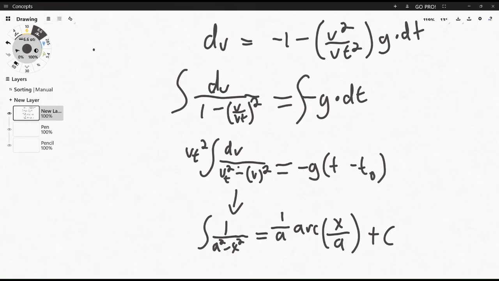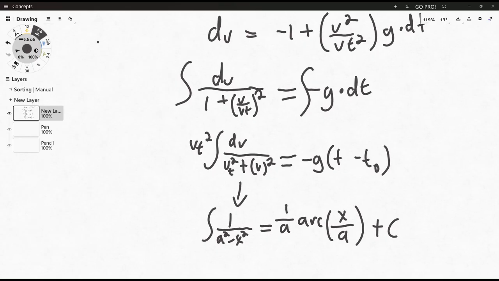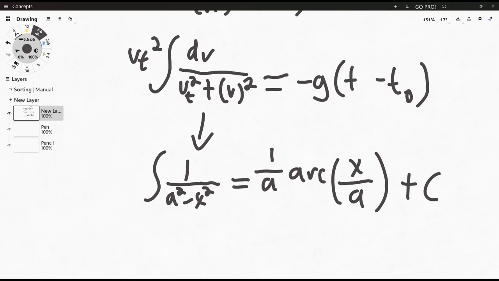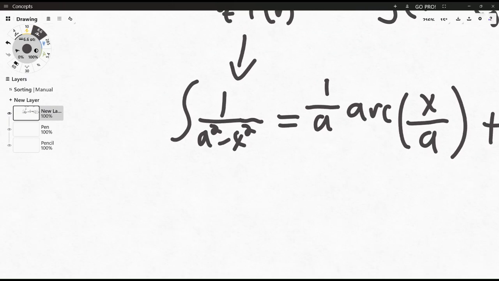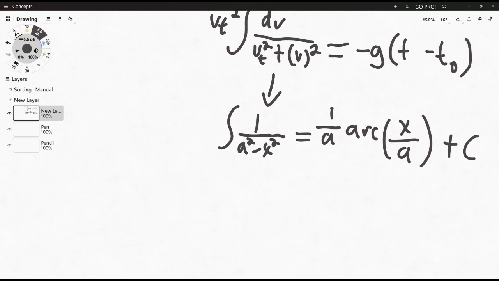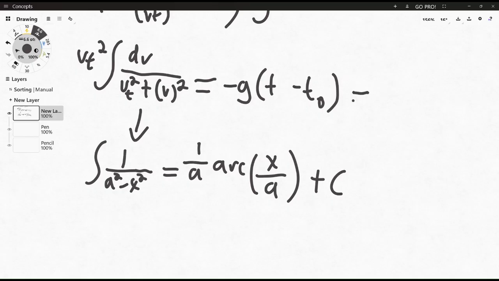Oh, if I factor out the negative, this must be positive. Sorry. If I factor out a negative from there, it must be positive. Sorry, I forgot. So now I have this form, so I'm going to just apply that to this.